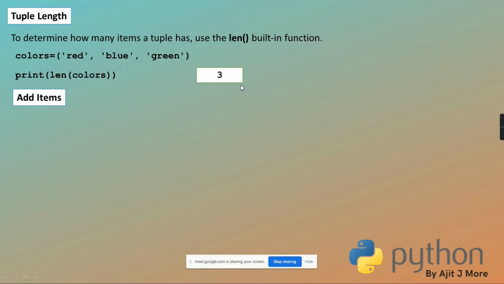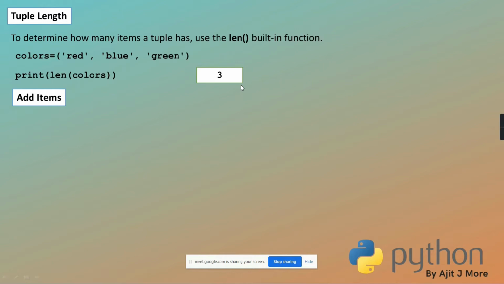Like in the case of list, there were 3 ways. One, using the append method, which was adding an element at the end. There was the insert method, which was inserting an element at a given position. And there was extend, which was adding the elements of one list to another list.